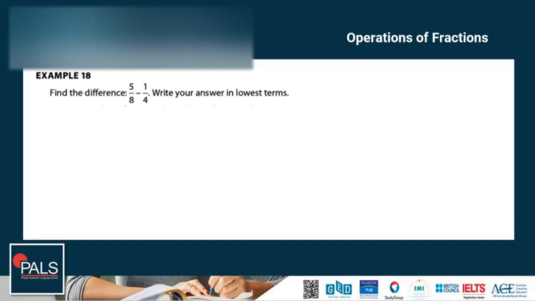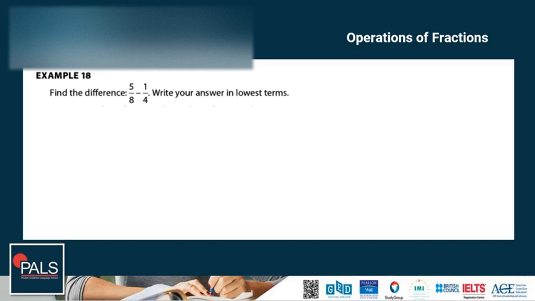Because these fractions do not have the same denominator, we need to use techniques to find a common denominator. The denominator 8 can be divided by 4, so 8 is the common denominator. Once both fractions are rewritten with that denominator, you can subtract the numerators in the same way as you added in the previous example.